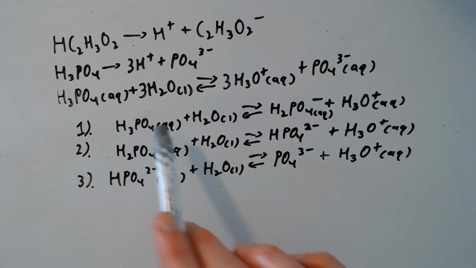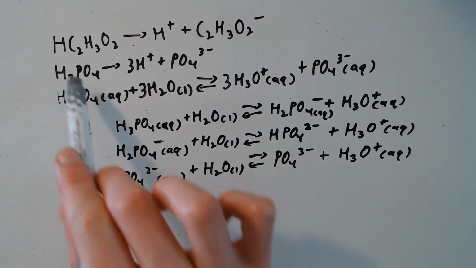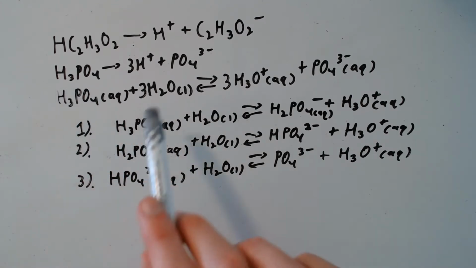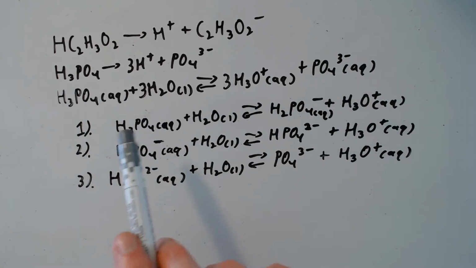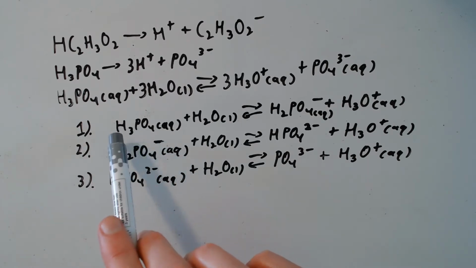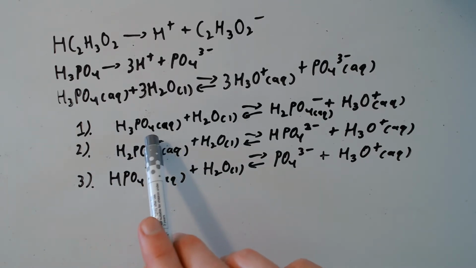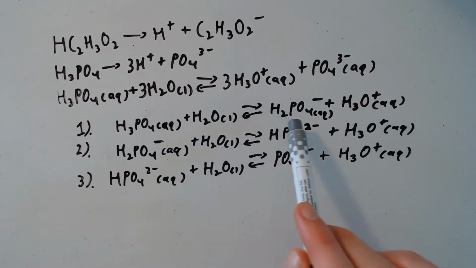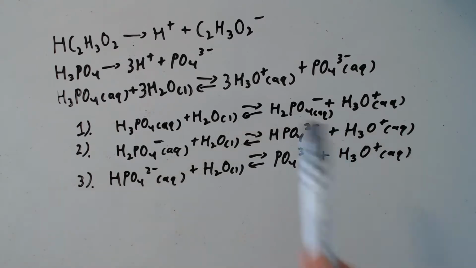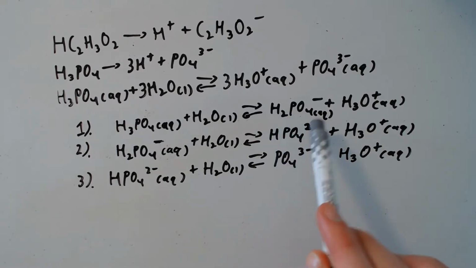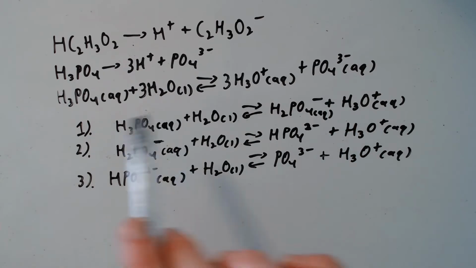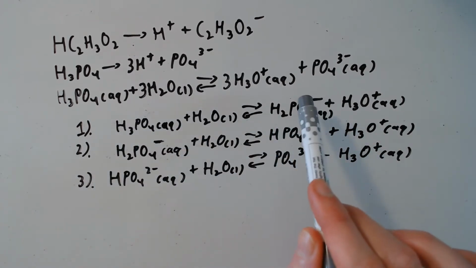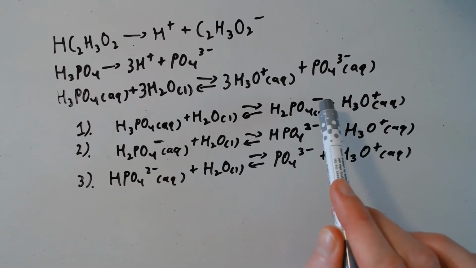Now, why does this acid not just release all of its H ions in one go, like in this reaction? Well, this is because right here, after H3PO4 lost one of its H's to H2O to form an H3O plus and H2PO4 minus, you can see that the H2PO4 minus has a negative charge. H3PO4 is neutral, but H2PO4 has a minus charge.